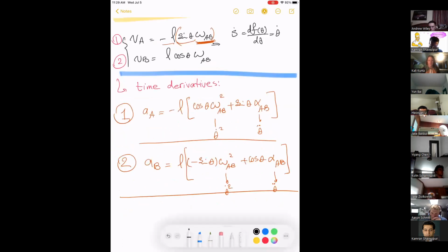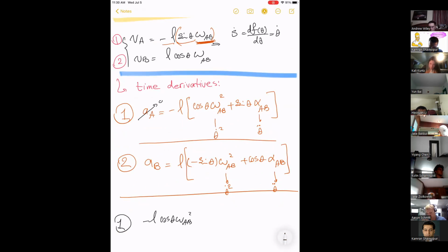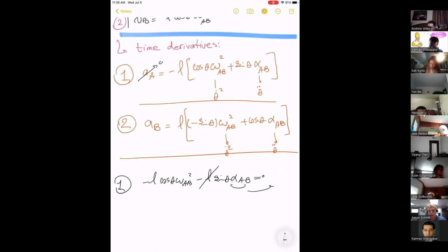Because AA is 0, A is constant, so from equation 1, you can simply get minus L cosine theta omega AB squared, or minus, sorry, minus L sine theta alpha AB equals 0. I'm going to take the alpha AB term to the other side, and you can cancel out L values, right?